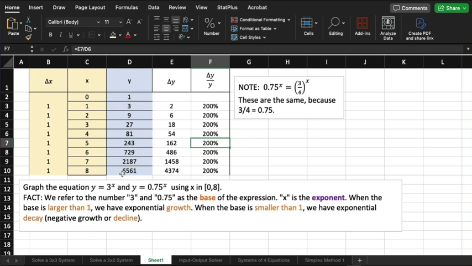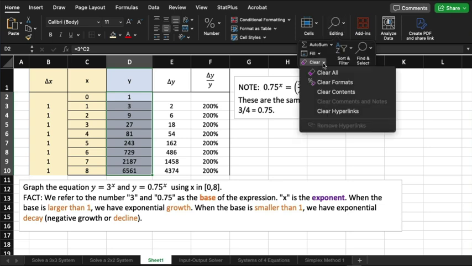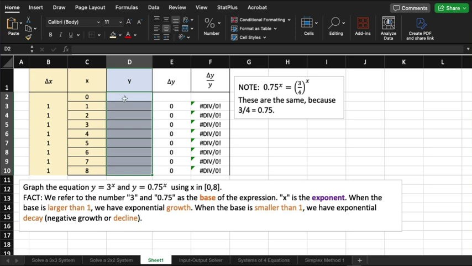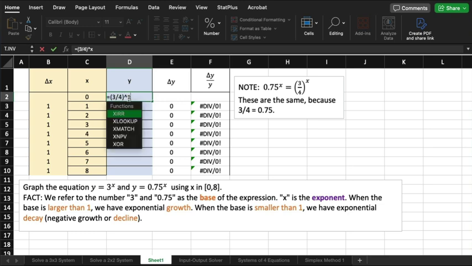Okay. So let's tackle the second one. So let's go up here and clear these out. I'm just clearing the contents. And now, in cell D2, we're going to type equals, and if we wanted to use the fraction, we would have to put parentheses, 3/4, close parenthesis, caret, sorry, not x, caret C2, because your x value is in cell C2.